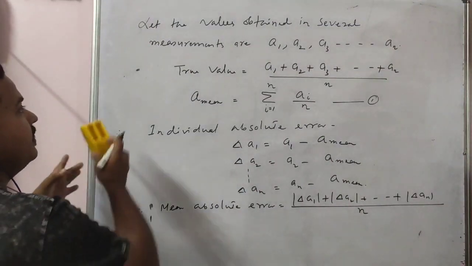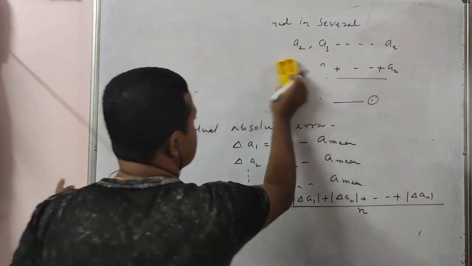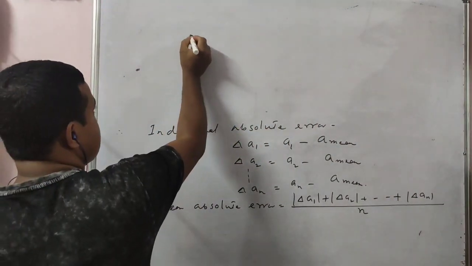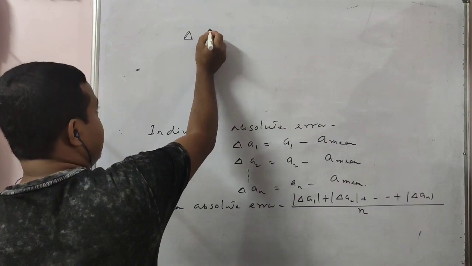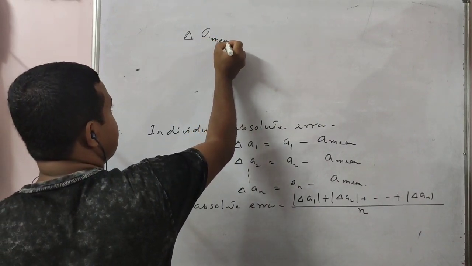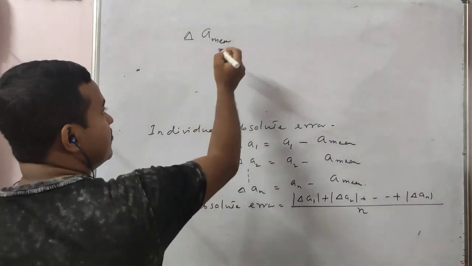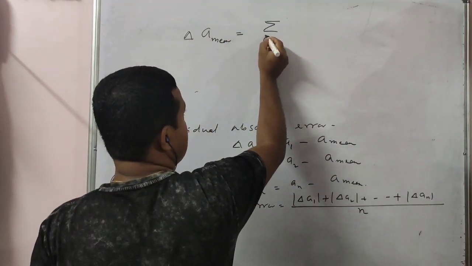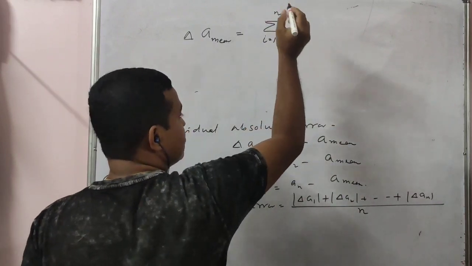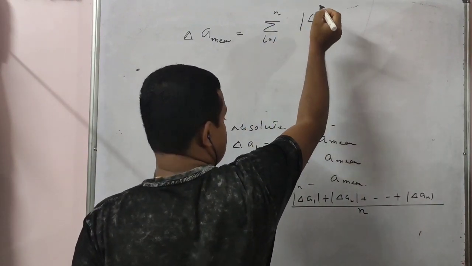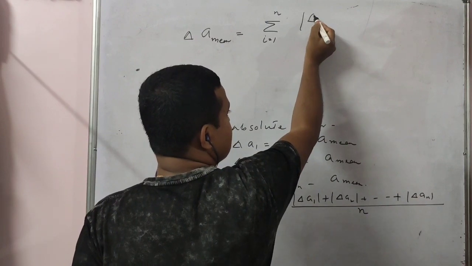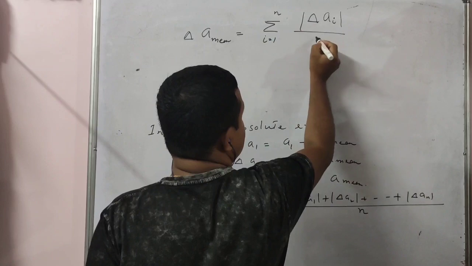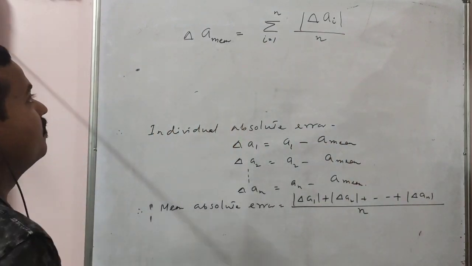So we can write delta A mean, the mean absolute error, is equal to the summation i equals 1 to n of delta Ai, divided by n. So this is the mean absolute error.